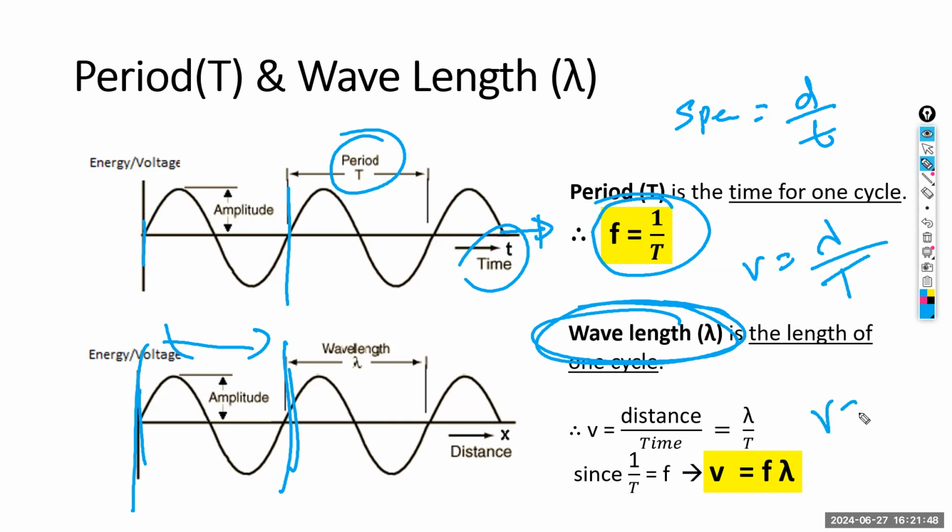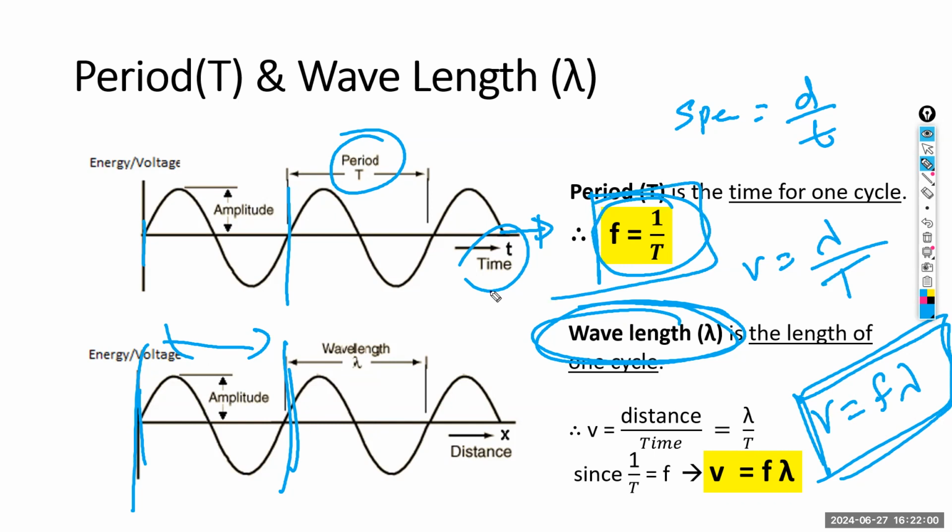So we can say v equals f lambda, because 1 over T is f. So we got another formula. Either you can say v equals lambda divided by T, or v equals f lambda. And f equals 1 over T. Those are the basic formulas in waves, wave transmission.